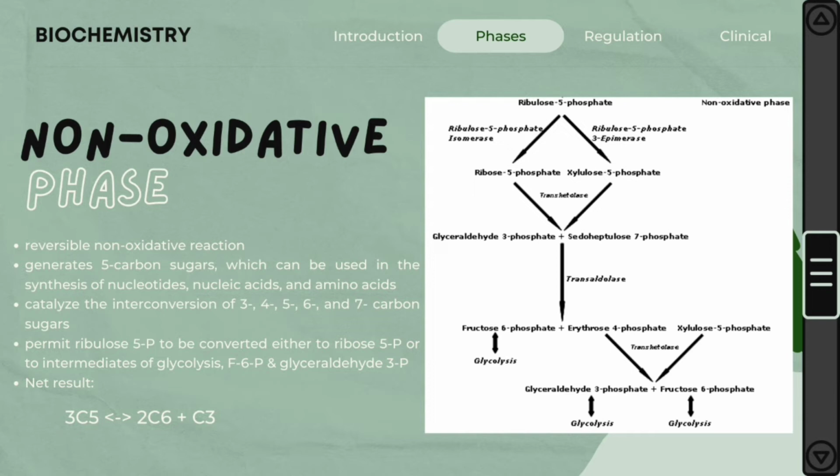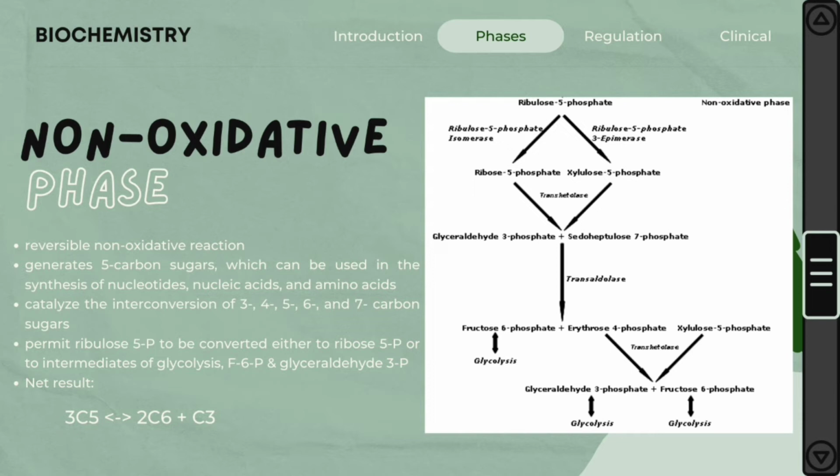So, the non-oxidative phase is a collection of several reversible reactions in which the intermediates are connected to several other pathways, including nucleotide synthesis, aromatic amino acid synthesis, and glycolysis.